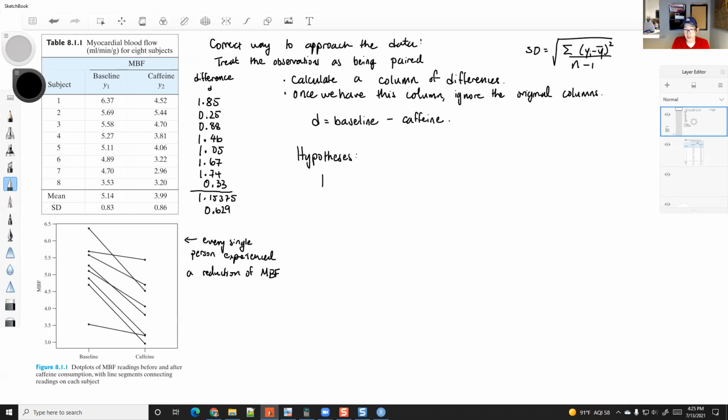Okay, and now our hypotheses. The null hypothesis is that the mean difference is equal to 0. Note there's only one parameter in the hypothesis, and that's the mean difference.